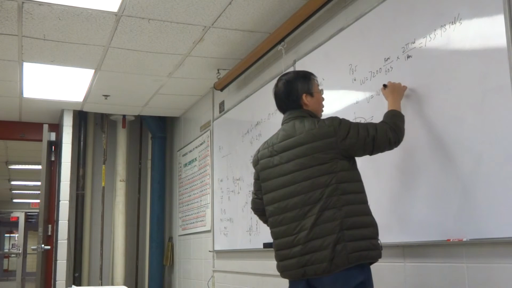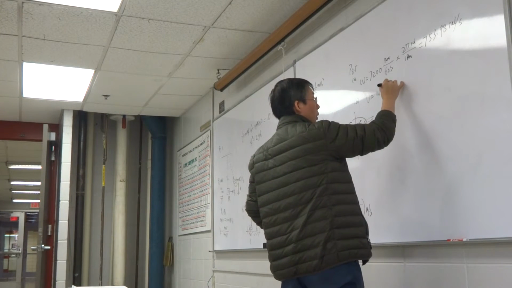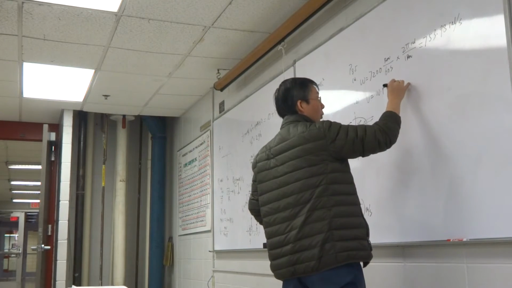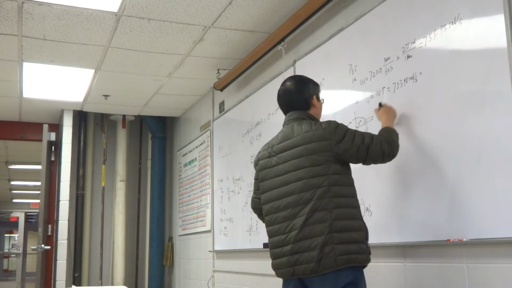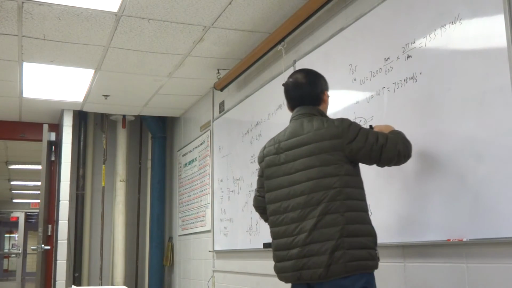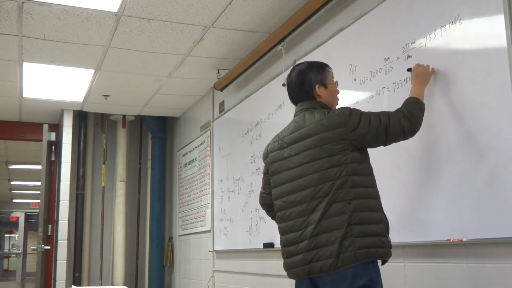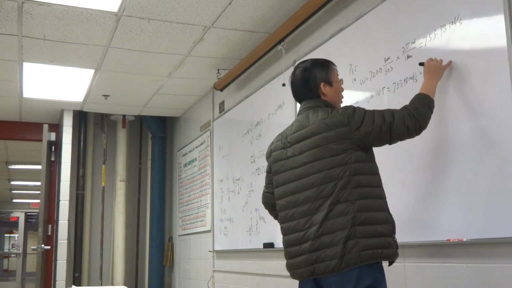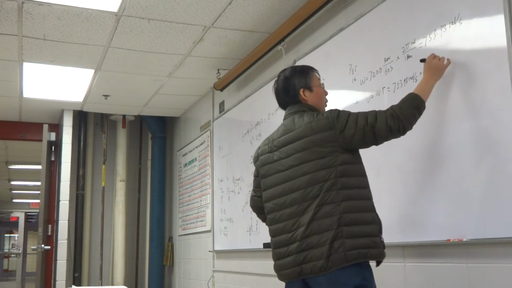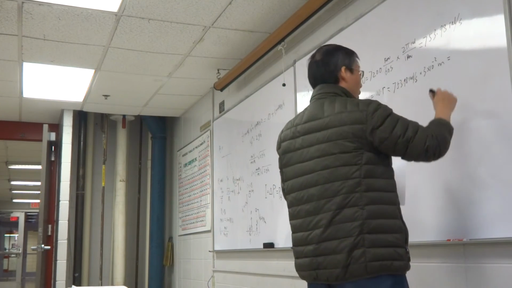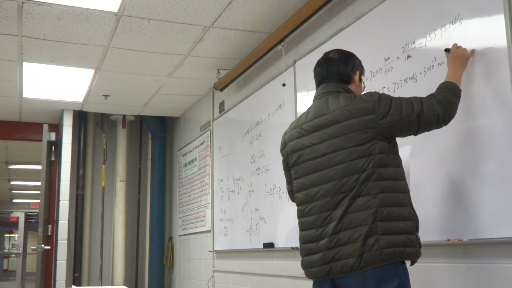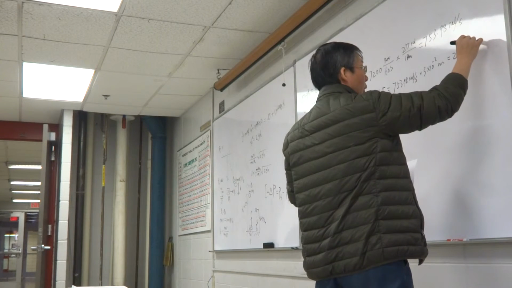Use the angular speed in radians per second, 753.98, times the radius, 3 times 10 to the minus 2 meters. So we find the linear speed is 22.62 meters per second.